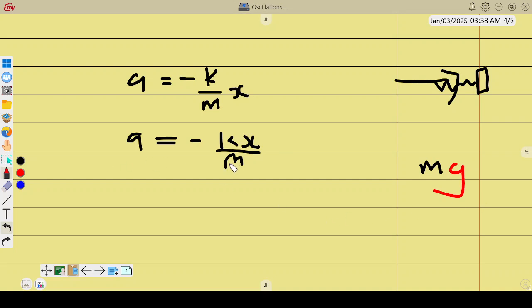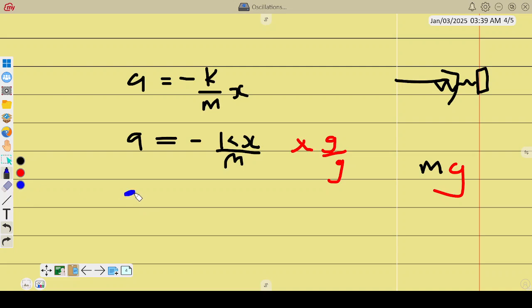We can't just put g like that. So we multiply by g over g. This means g over g is 1, so we haven't changed anything. If you just put g alone, then you're changing the meaning.